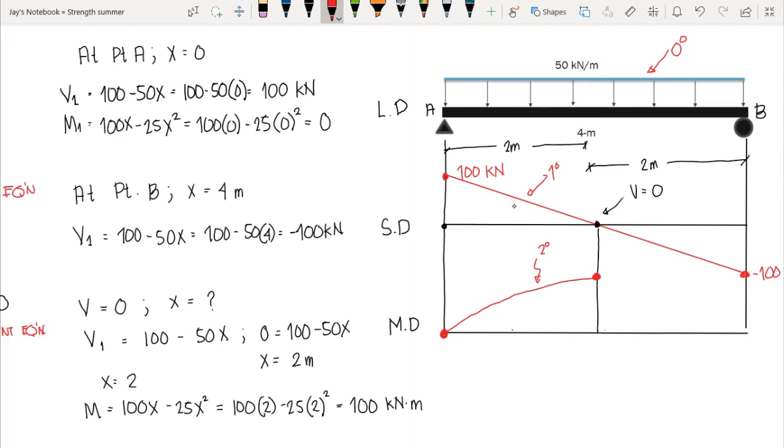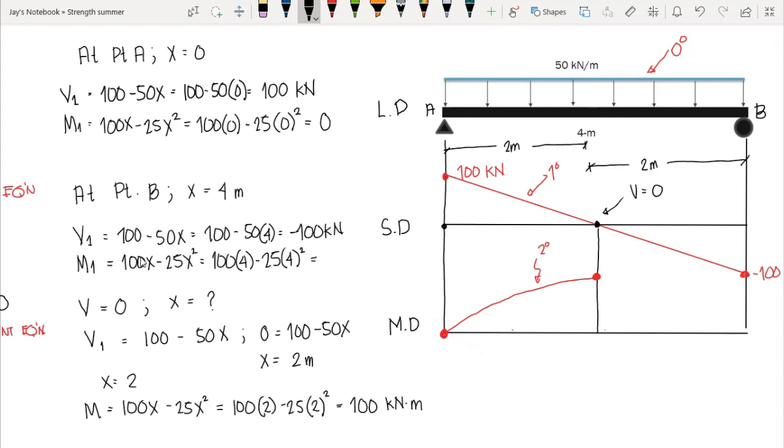Now, let's continue our moment diagram by computing our moment at B. We know that at B, our x is equal to 4. Computing our moment at x equal to 4, we have 100 times 4 minus 25 times 4 squared.